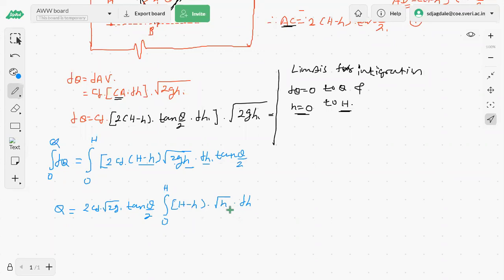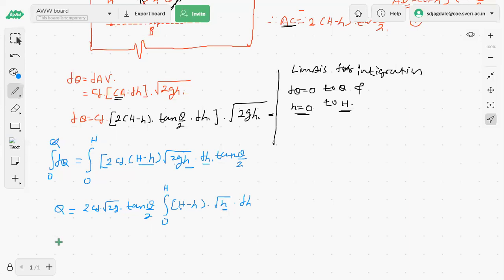Okay, so now go for the integration of h with respect to dh. इंटिग्रेशन होणार आहे कोणाचं बघा, स्मॉल h चं इंटिग्रेशन होणार आहे, या h चं इंटिग्रेशन होणार नाहीये. बरोबर आहे का? बघा मी काय म्हणतो ते, या कॅपिटल h चं इंटिग्रेशन होणार नाहीये, होणार आहे कोणाचं, स्मॉल h चं.